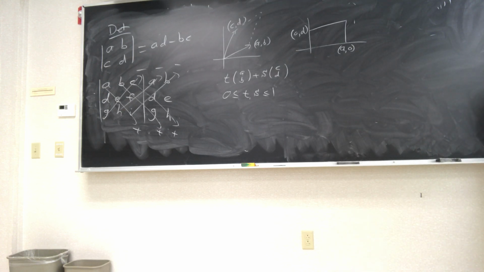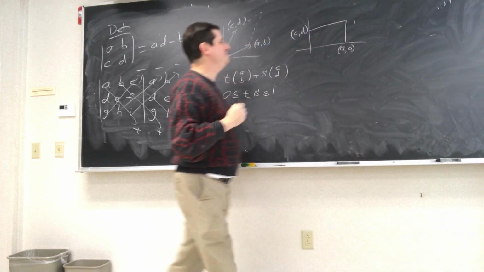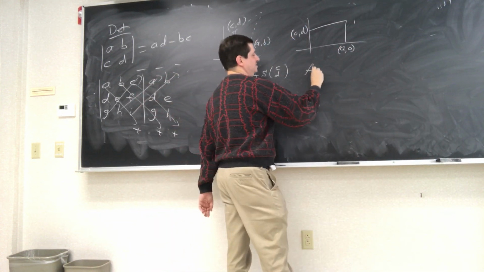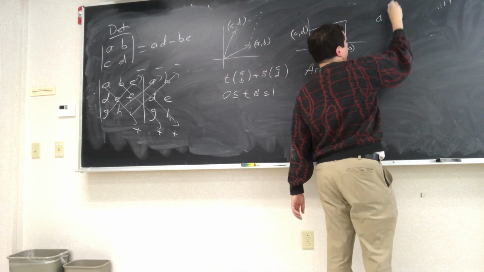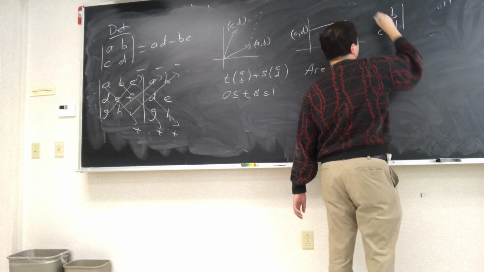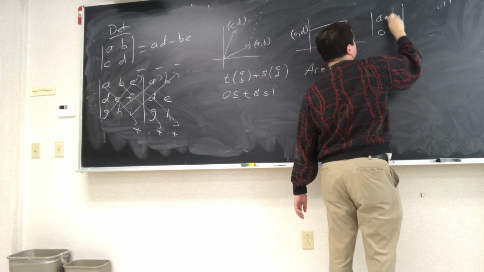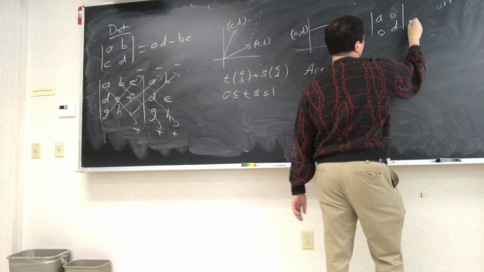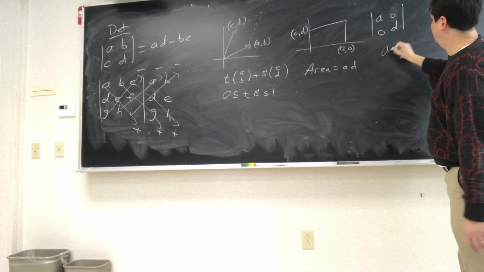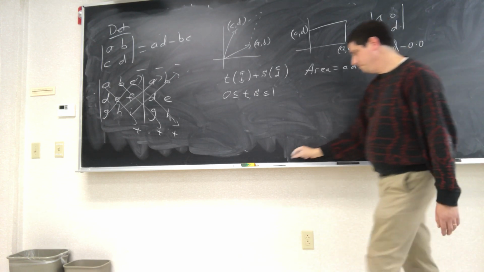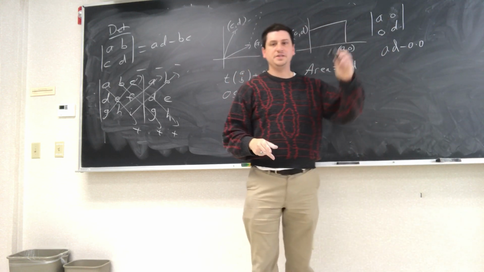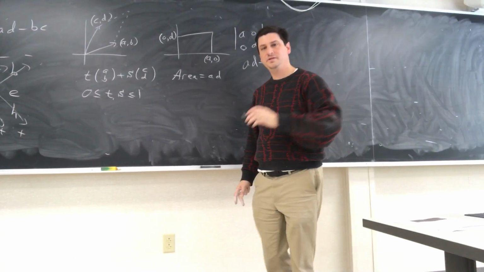What is the area of the rectangle? AD. Okay, I was wondering if anybody else was going to answer that, but okay, yes. The area is just AD. And if you think about a determinant A, B, C, D, well, C is 0 and B is 0, so that's going to just be A times D minus 0 times 0. Okay, so that gives us at least a test.